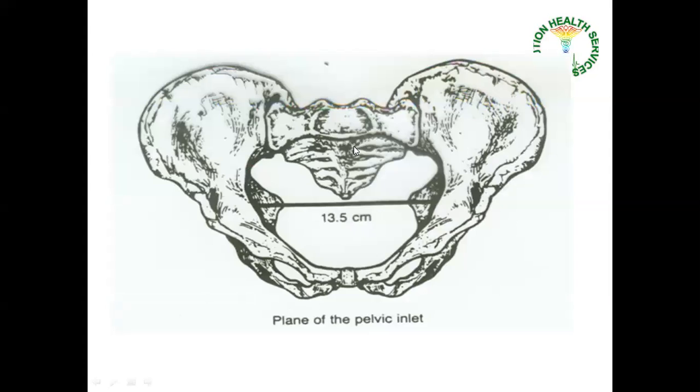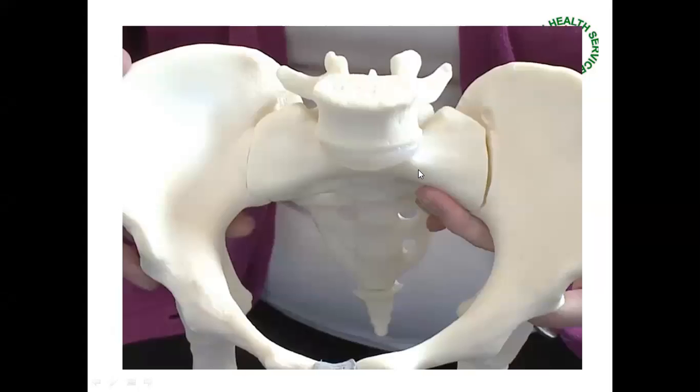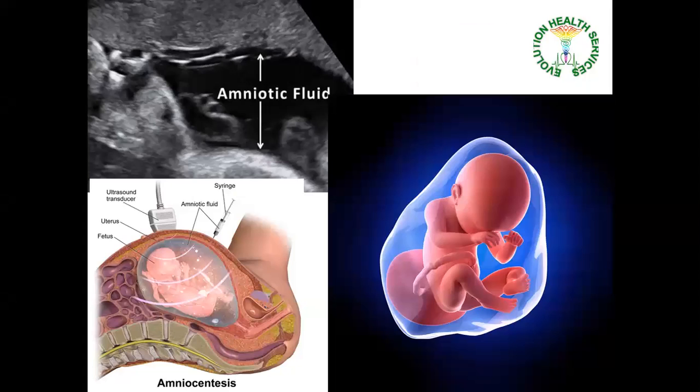The pelvic bone is made by two lateral hip bones, on the posterior side the sacrum, and on the anterior side the meeting point of the pubic symphysis, and this is called the inlet of the pelvis. And here is another specimen showing the pelvic bone, inlet and outlet.